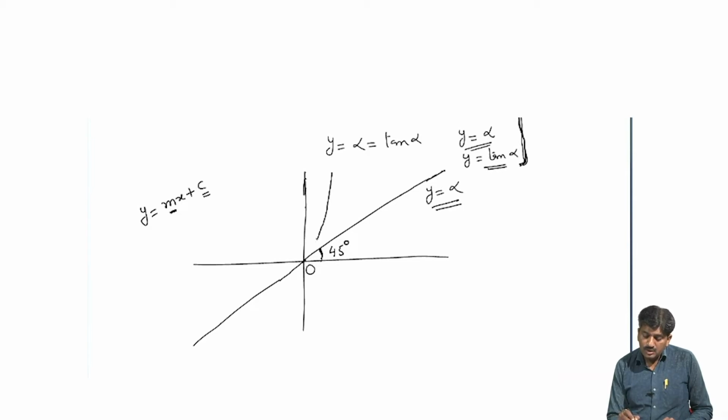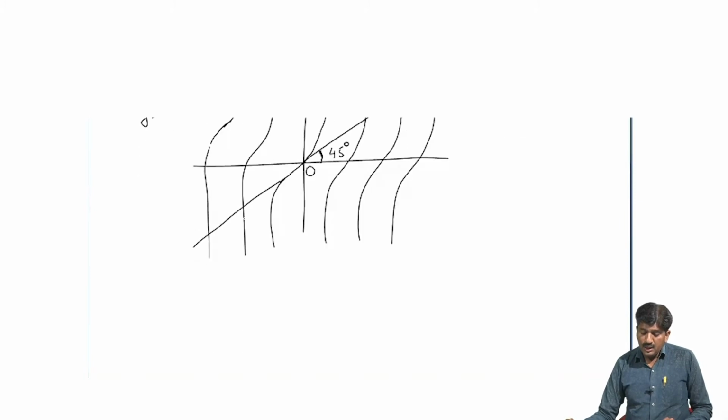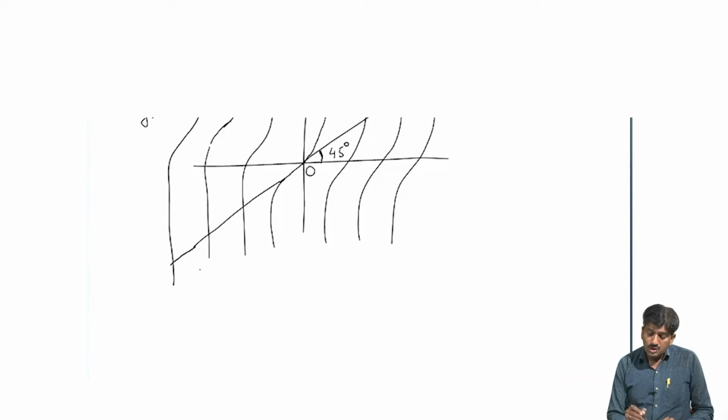This is the representation of y equal to tan alpha. This is the first intersection point at the origin. y equal to alpha and y equal to tan alpha are both intersected at this point.